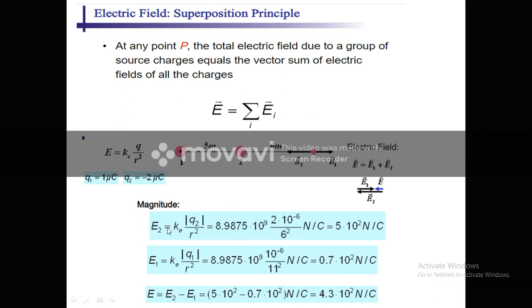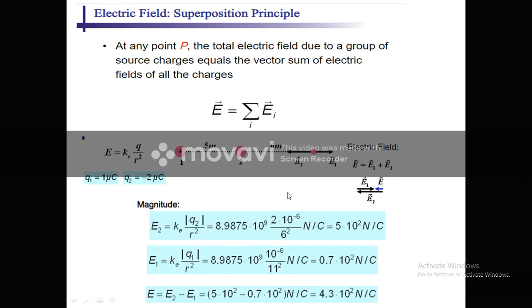As E2 is greater than E1, the net field would be in the direction of E2. It means the net direction will be towards the left side, that is this, okay. This blue indicates the net E direction, the same direction as E2, okay.